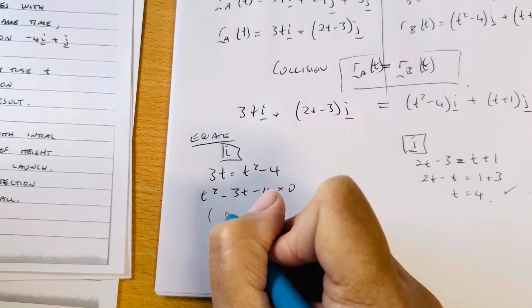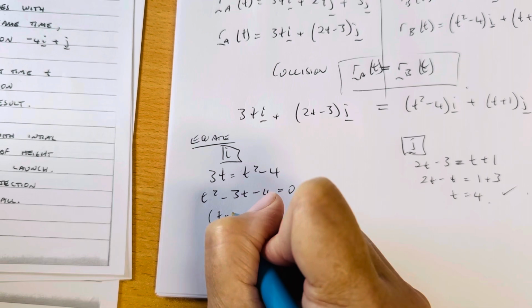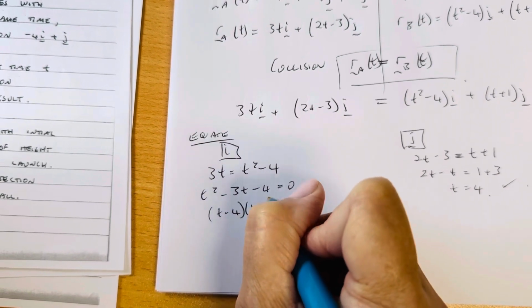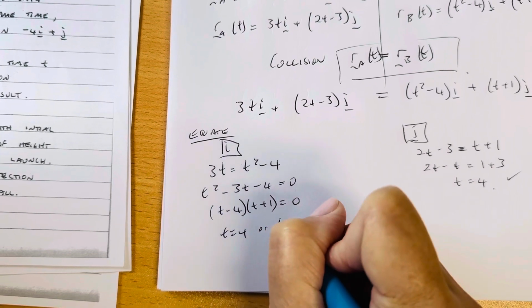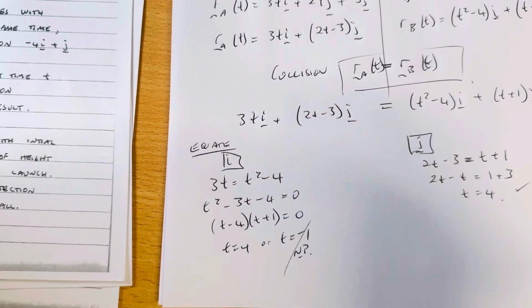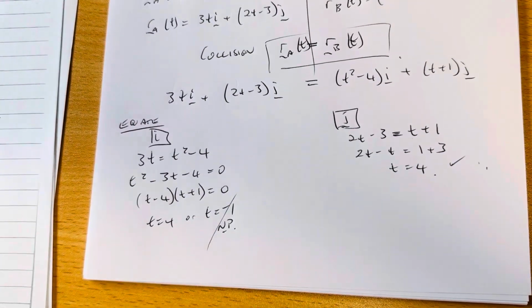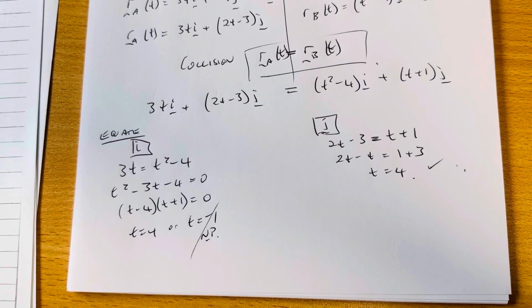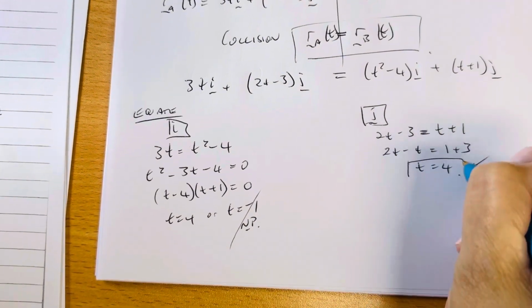Factorising that, t minus 4, t plus 1 equals 0. I'd get t equals 4 or t equals negative 1. This one's not possible though, because you can't have a negative time. In a situation like that, I generally choose the linear one, because it's easier.